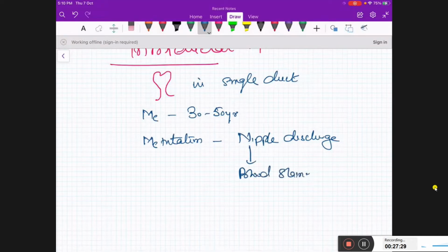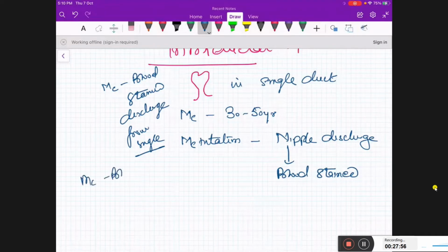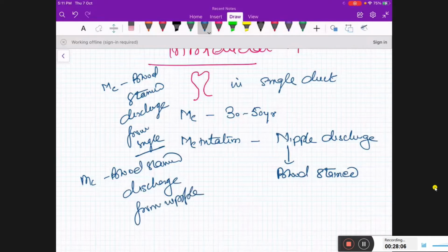And please note this point: intraductal papilloma is the most common cause of blood stained discharge from a single duct, and it is also the most common cause of blood stained discharge from the nipple itself.